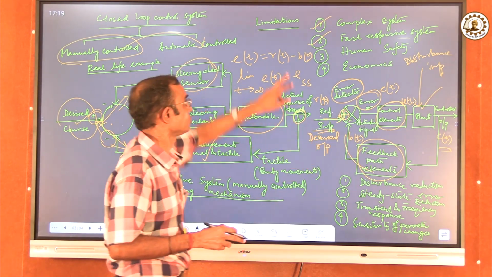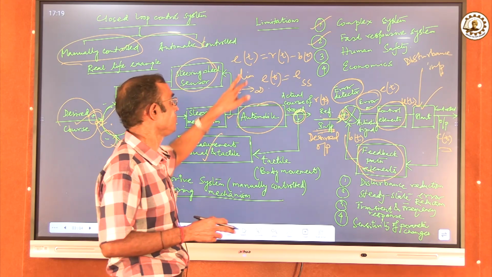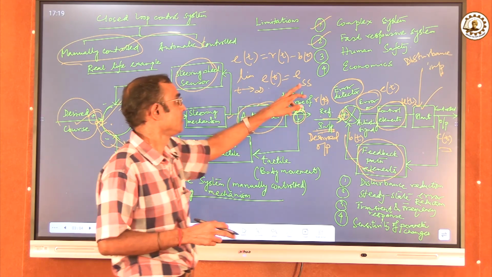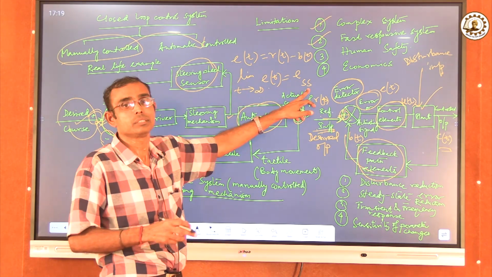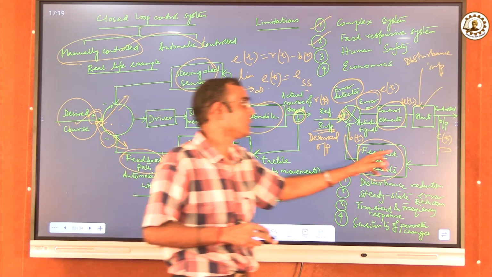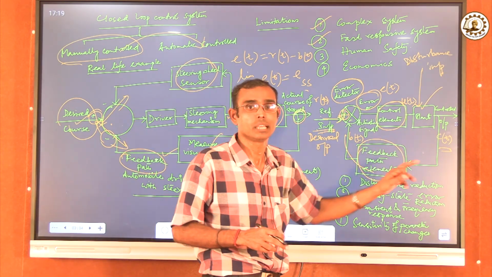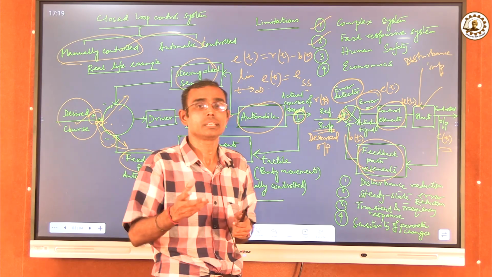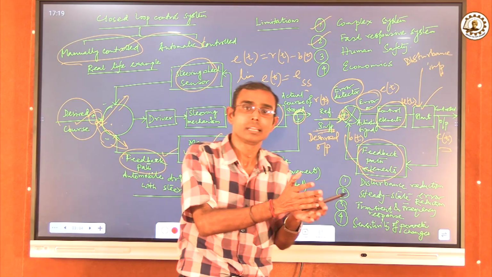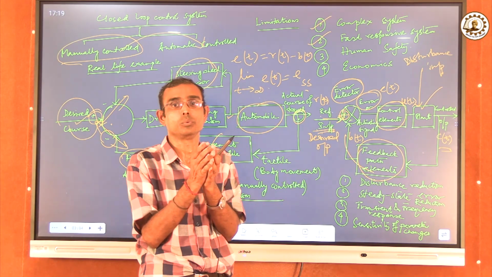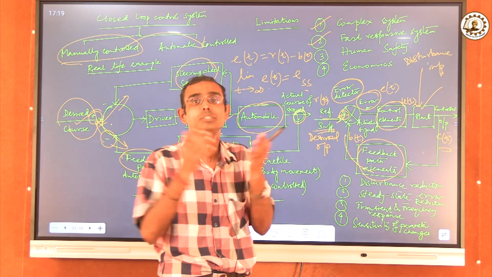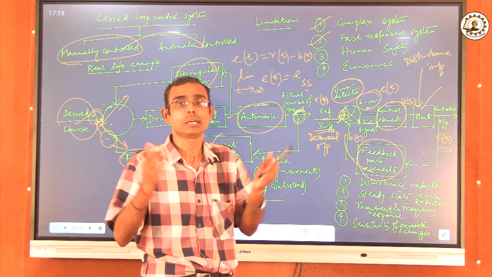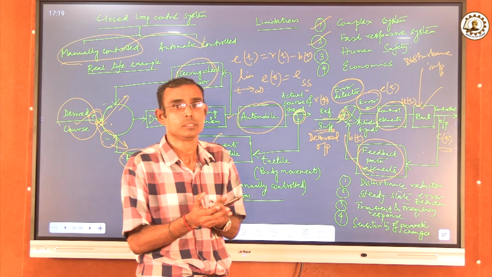In this equation, if we put a limit with t tending to infinity, we can compute E_SS, the steady state error. The idea of working with the closed loop control system is to reduce this steady state error. This steady state error is nothing but the difference between the desired and the actual, and the control objective is always to minimize that gap as much as possible.